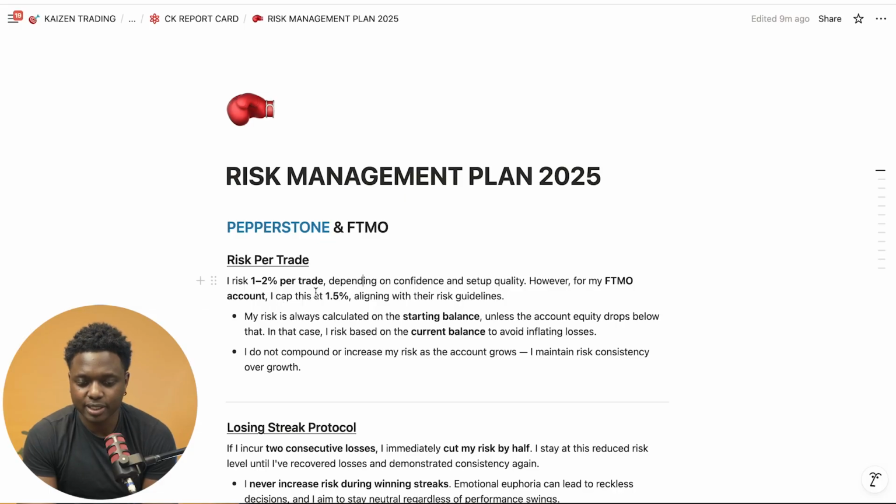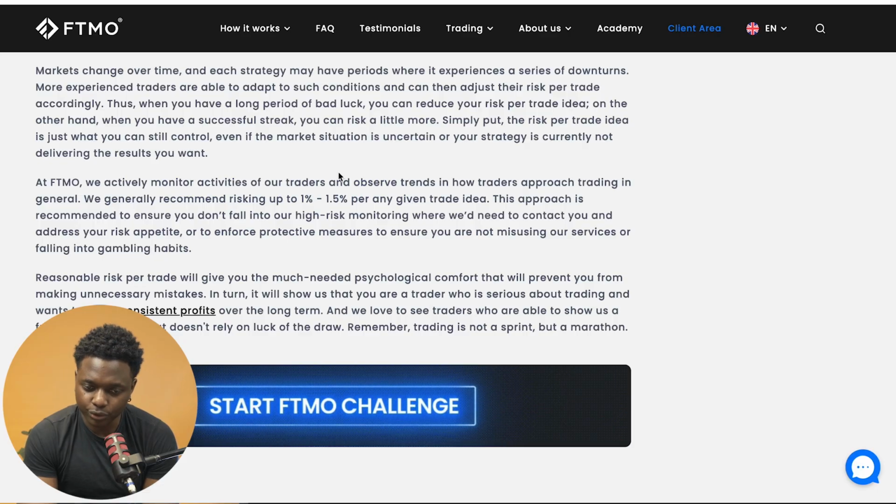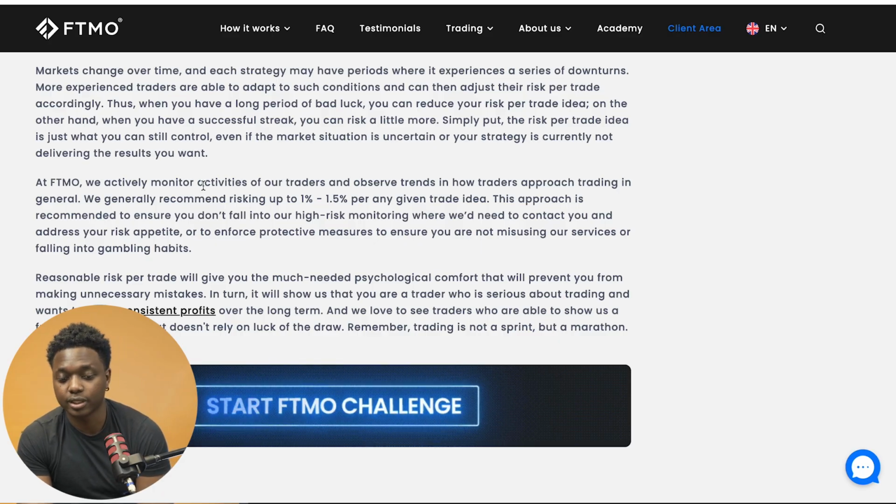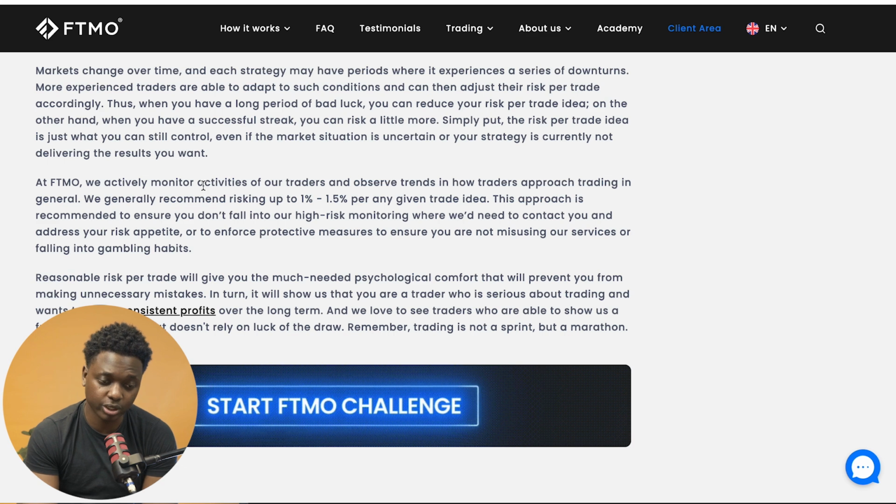However, for my FTMO account, I cap it at 1.5% risk, aligning with the risk guidelines on FTMO. So if you come to their page, if you do your research nicely and find the account, it says: at FTMO, we actively monitor activities of our traders and observe trends on how traders approach trading in general.